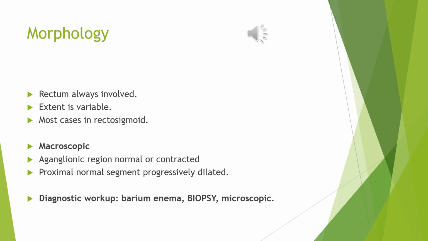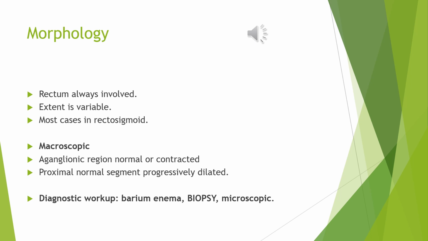So we will have a megacolon in the normally innervated segment and a normal or contracted caliber in the aganglionic segment. You will see the barium enema in the next slide, in which you will see the contracted segment. The aganglionic segment will look contracted and the normally innervated segment will look progressively dilated, like what we see in achalasia with progressive dilatation of the esophagus.